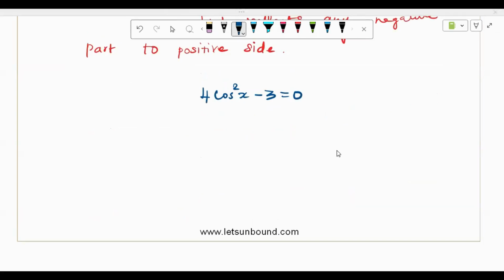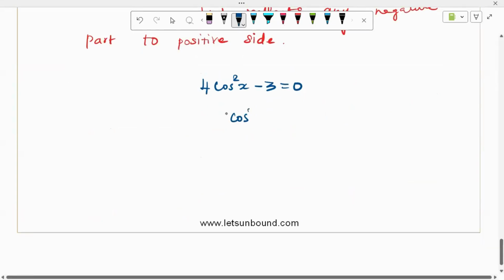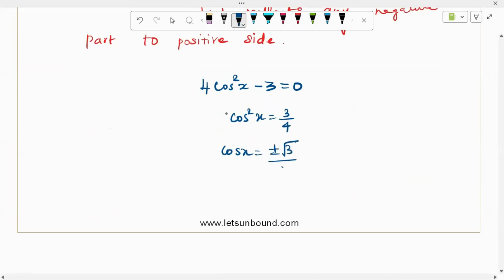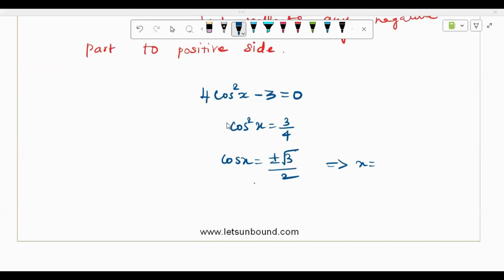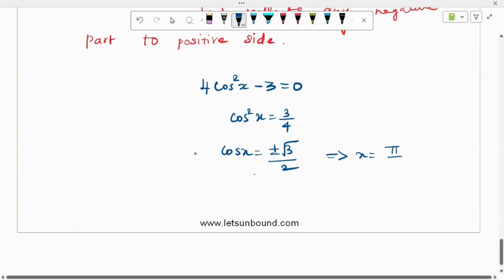So cos square x is 3 by 4. Cos x is plus or minus root 3 over 2. And you will get x, in 0 to pi which we are solving, it's either pi by 6 or 5 pi by 6. This we already did. It is just a glimpse of it. Okay, this will be useful.